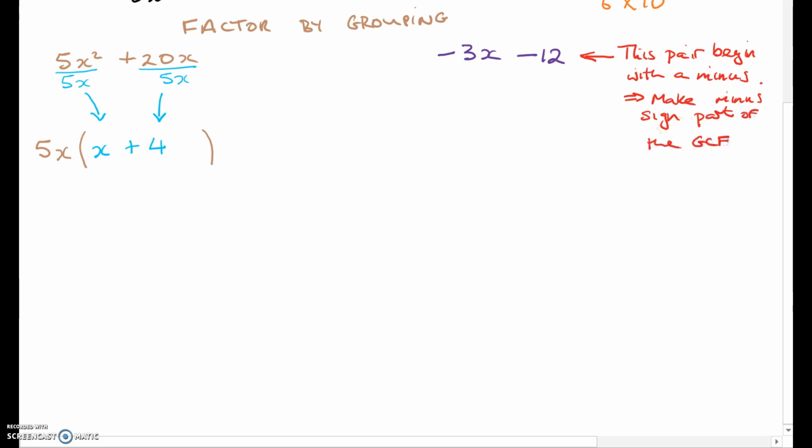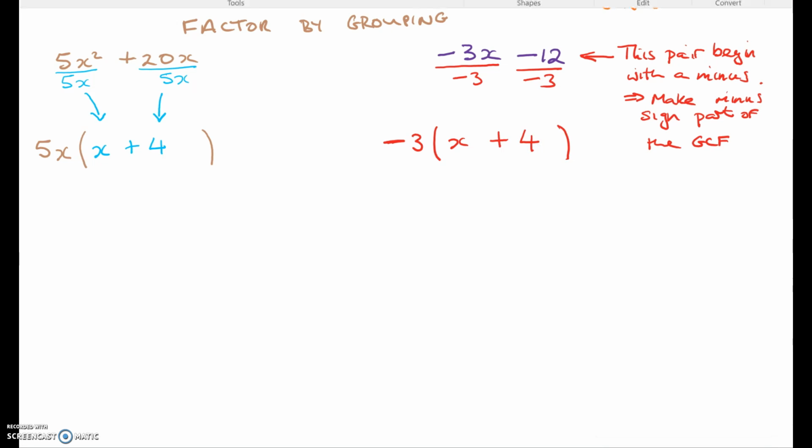What else do we have? What's the biggest number that divides evenly into 3 and 12? It's 3. There's no common letter this time: there's an x here, but there's no x there. So we make minus 3 our GCF, and we divide both terms by negative 3. The negative 3's cancel, leaving you with x, and minus divided by minus is plus, 12 divided by 3 is 4.